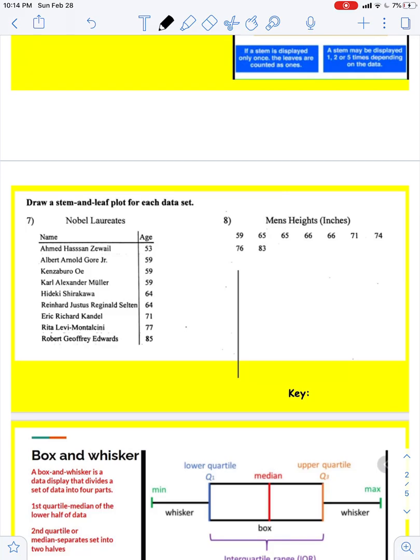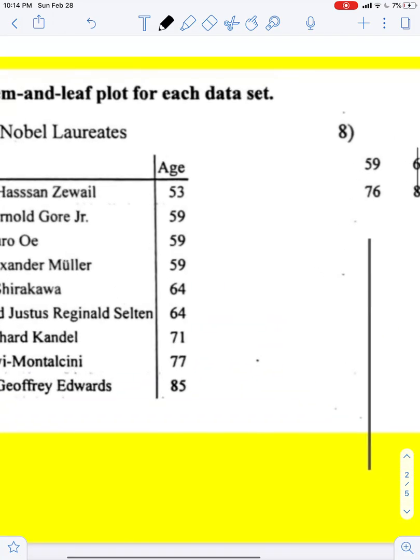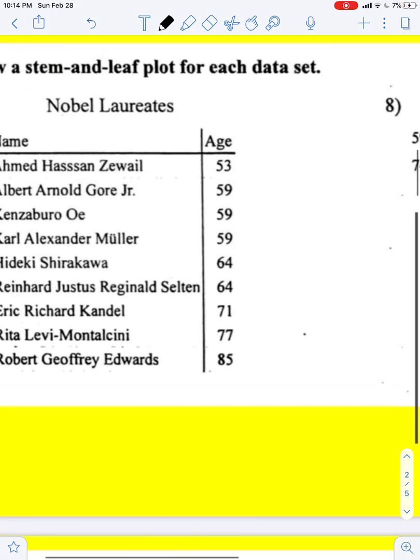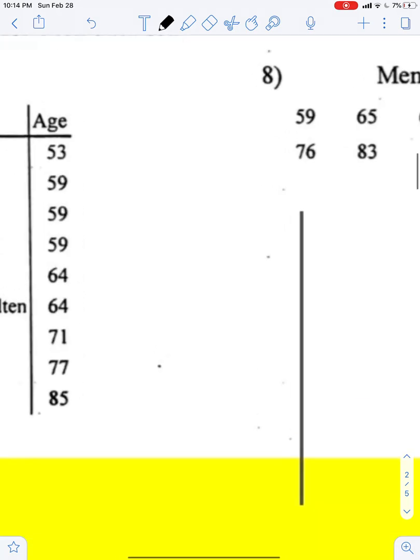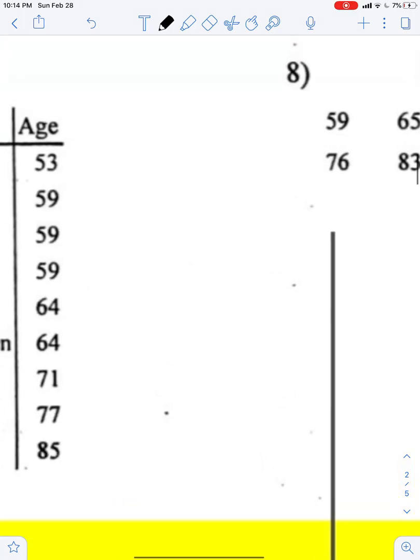So here it says to draw a stem and leaf plot for each data set. I'm going to zoom in here so I have a little more space. And I'm not really going to worry about the names. We're just going to worry about the ages we are given right here. And as you can see, this is already organized from least to greatest, so that makes it really easy for us.